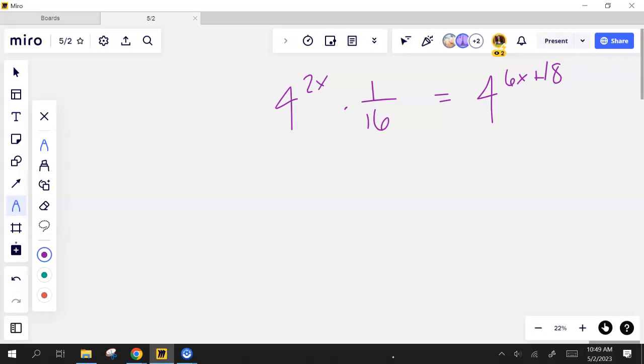I got it 4. 16 would be 4 to the what? -2. Now I can combine these two.